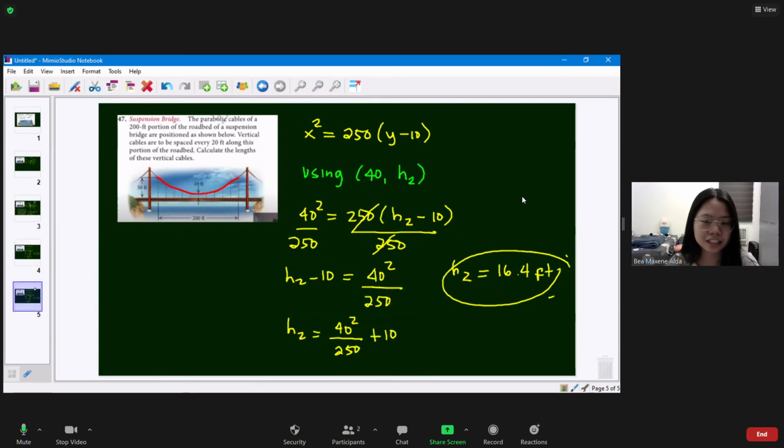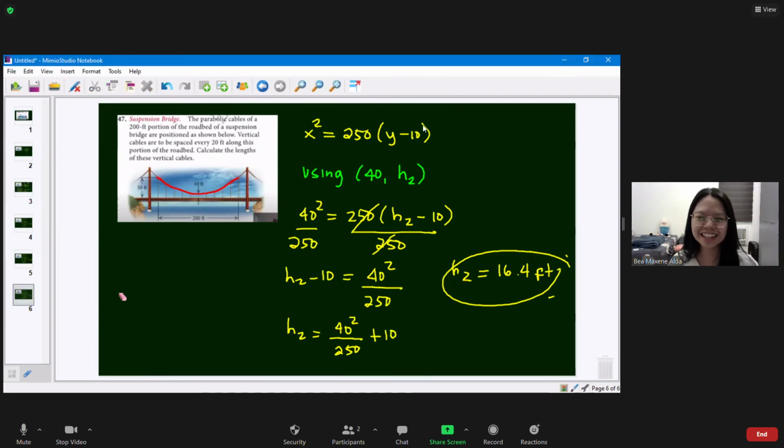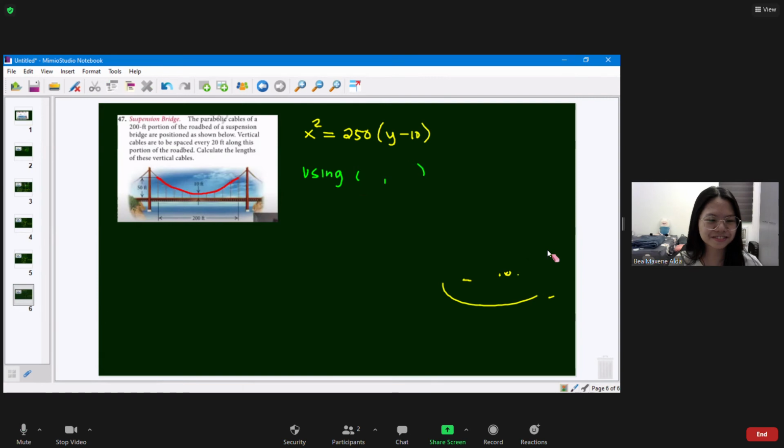Okay lang yan guys. Slow but steady. Kasi pag minamadali, maguguluhan lang kayo. Okay, so sa pangatlong height, ano ulit gagawin? Kukunin yung coordinates. Erase tayo.